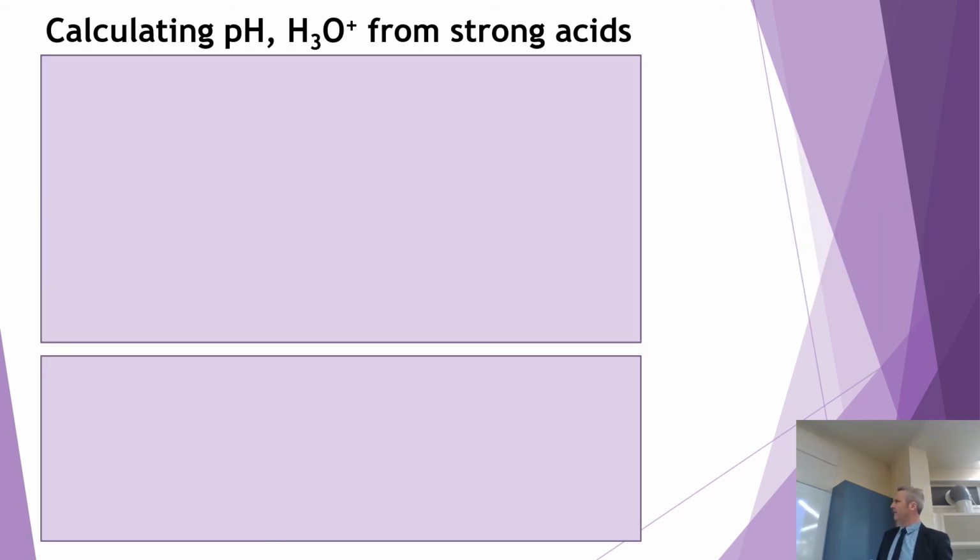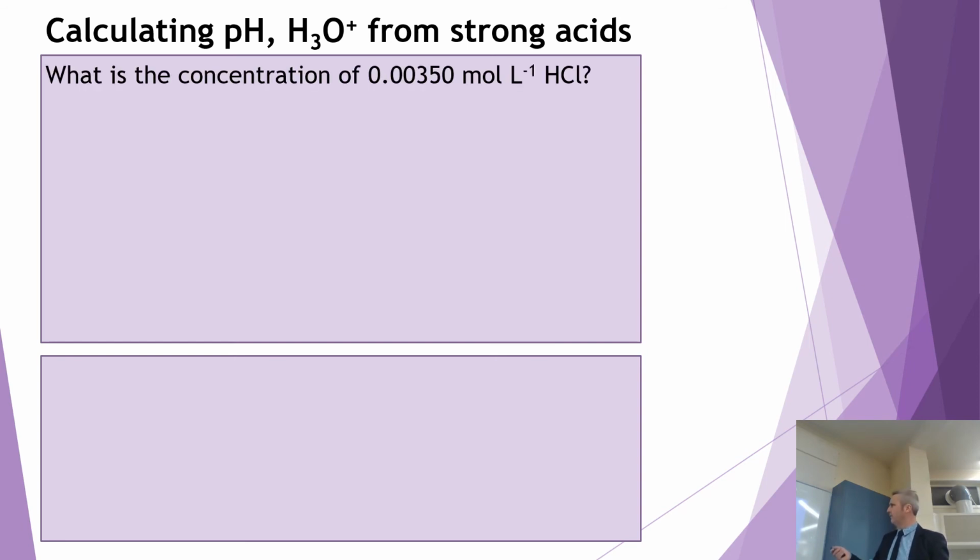So let's find out the pH of a strong acid, right? So the first thing we do is, they've given us a question, we've got a concentration of HCl, which is a strong acid. It's 0.0035 moles per litre. Here's the equation for it. Notice because this is a strong acid, it reacts completely, and we know that the concentration of the acid is going to equal the concentration of hydronium ion.